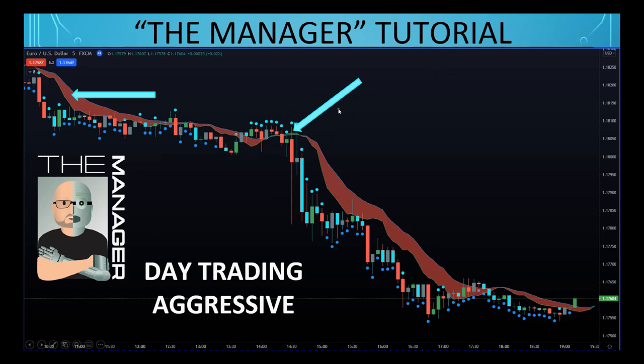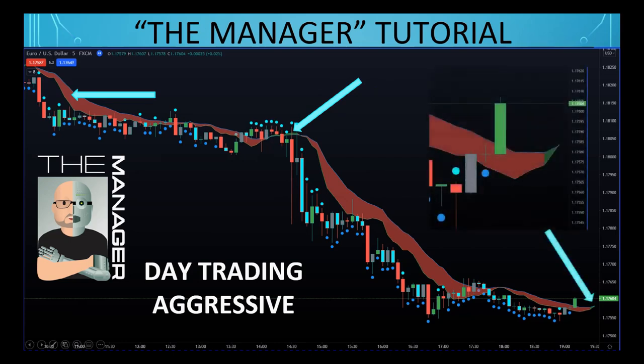Again, something working against that green is all these higher than average volume distribution candles. However, we can see when we've gone aggressive because of this parabolic move, that changes the point where the cloud turns from red to green.